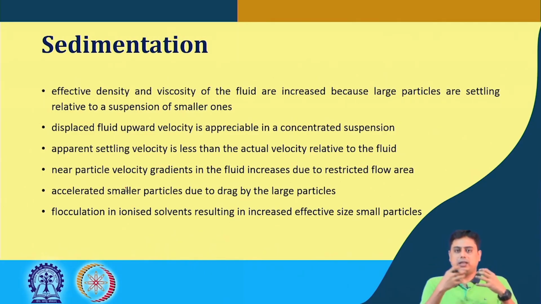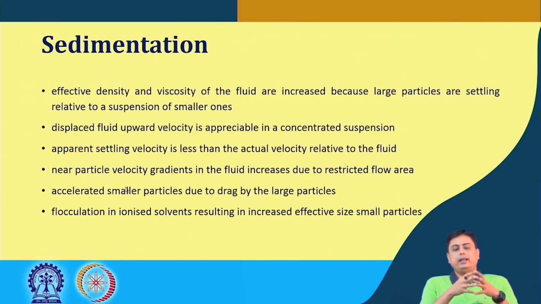There are so many particles side by side, or around one particle there are too many particles, the population increases. Also, when a larger particle moves downward, it also drags the smaller particles with it. So, the smaller particles become accelerated, and it changes the whole movement inside the suspended zone.